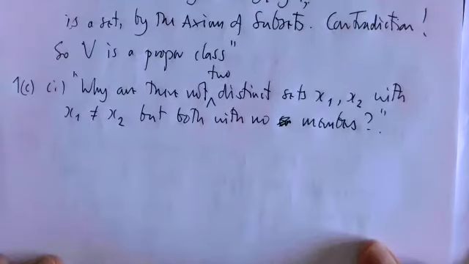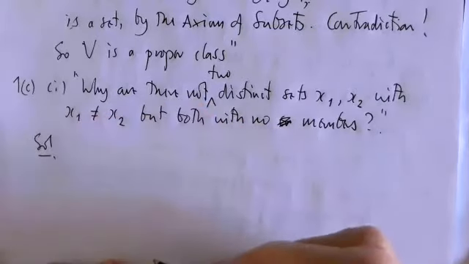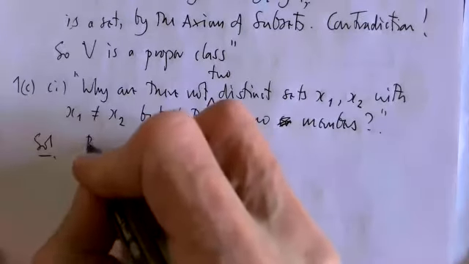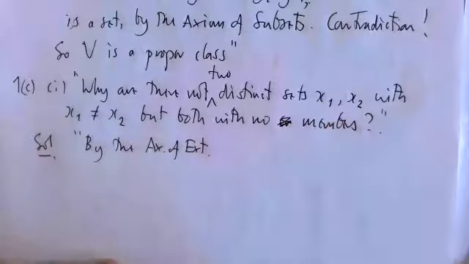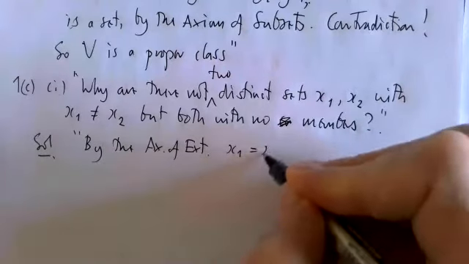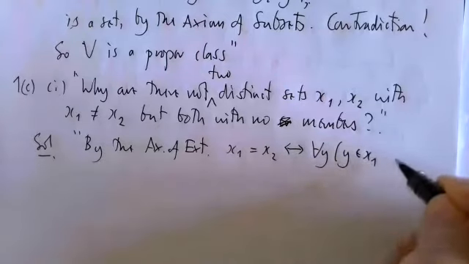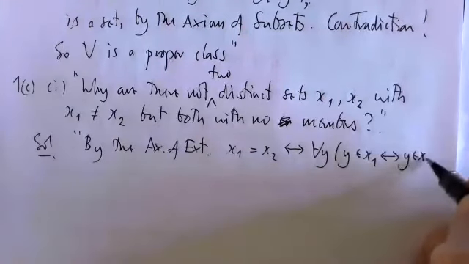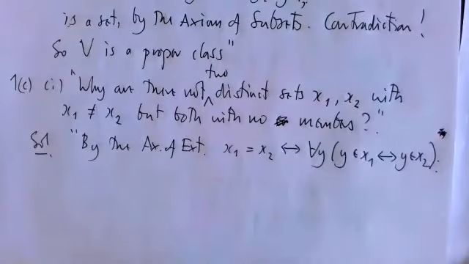So it's asking why are there not two empty sets, two different empty sets. So it's asking you to deploy the axiom of extensionality. So your answer here would be by the axiom of extensionality, x1 equals x2 if and only if, for all y, y is in x1 if and only if y is in x2. Sorry, this is part of your answer. This answer is not quite finished yet.